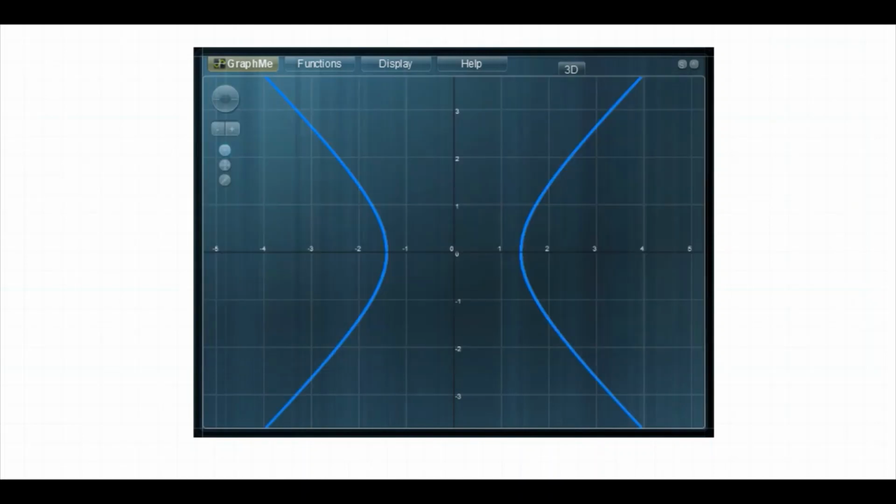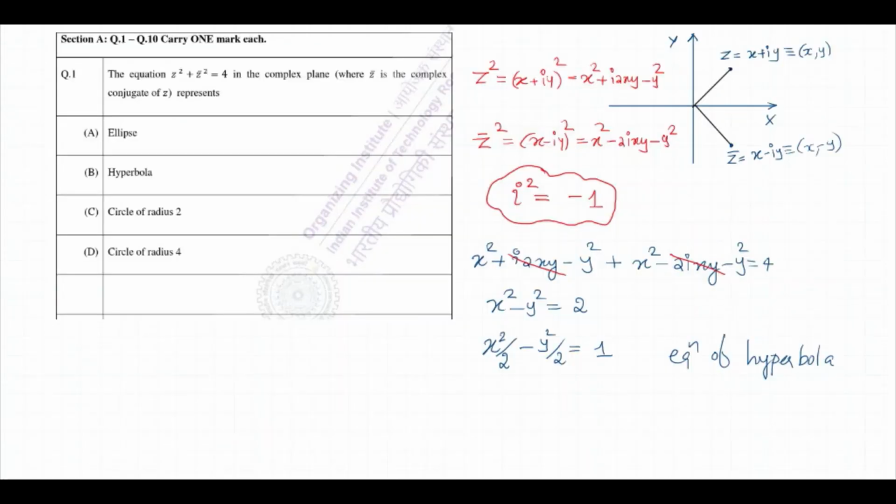And this is the figure of the hyperbola. So the answer is option B. Okay, you will get 1 mark for this question if the answer is correct.